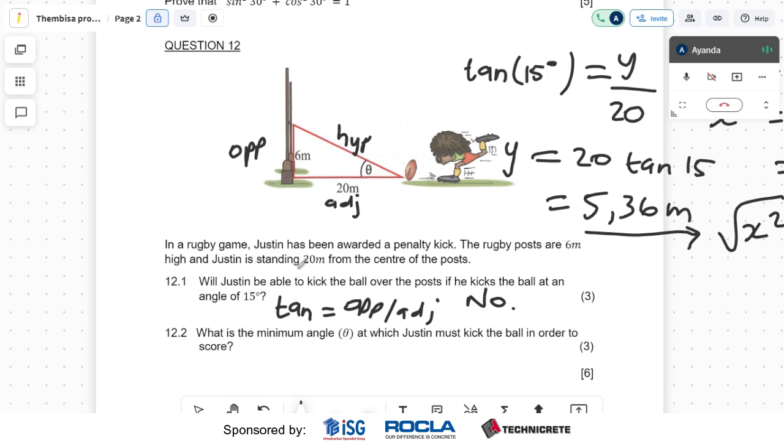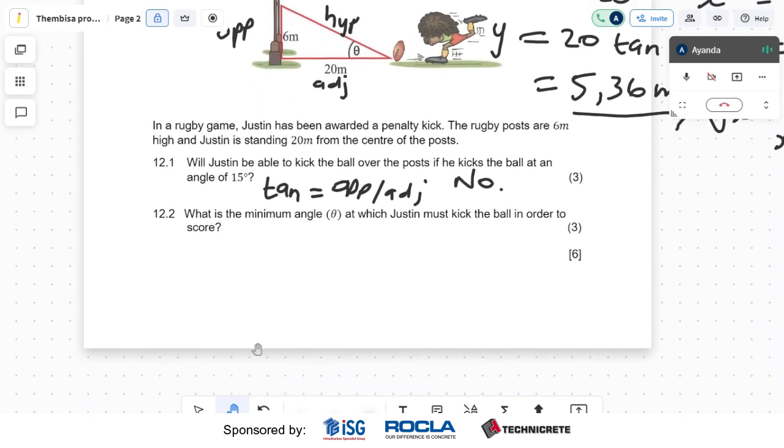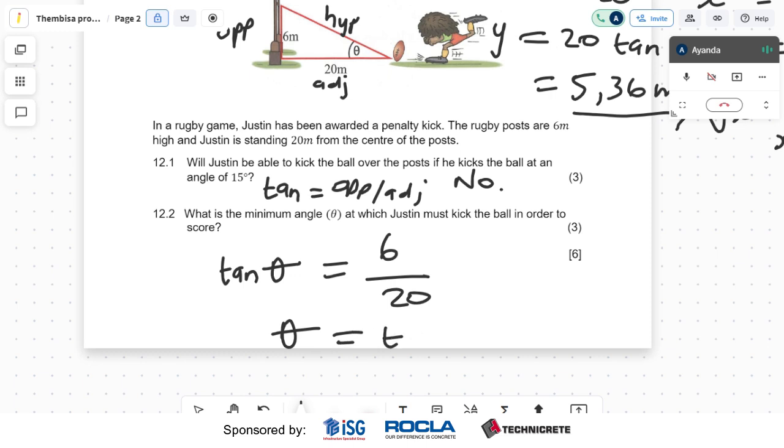What is the minimum angle at which Justin must kick in order to score? Right, so now we need to find theta. So tan of theta is equal to the values that we have, 6 over 20. Rearrange this, or we take tan inverse of 6 over 20.